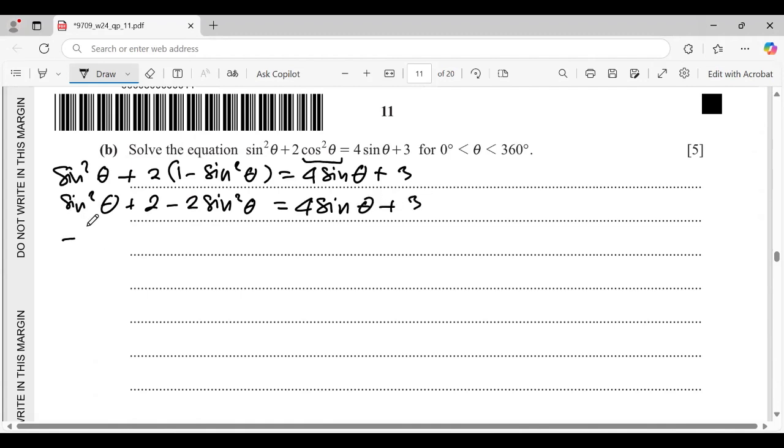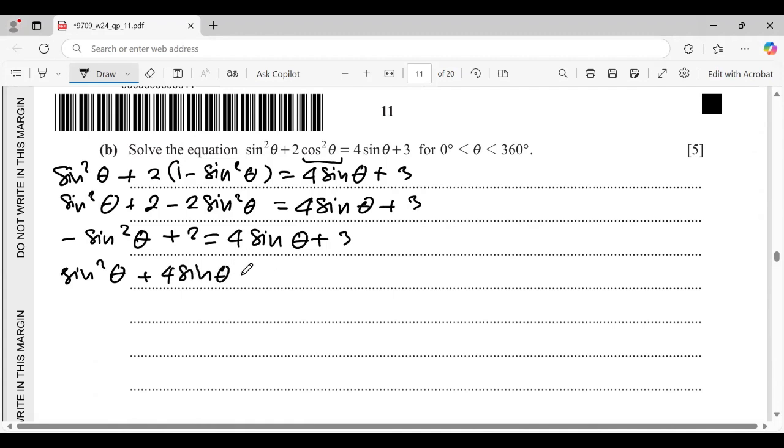So it becomes minus sine squared theta plus 2 equals 4 sine theta plus 3, or sine squared theta plus 4 sine theta plus 1 equals 0, because 3 minus 2 equals 1.